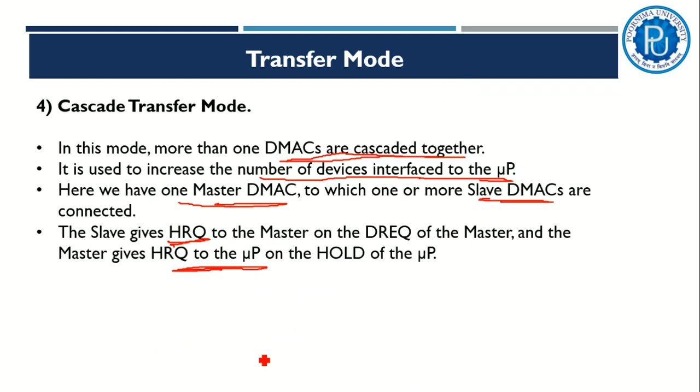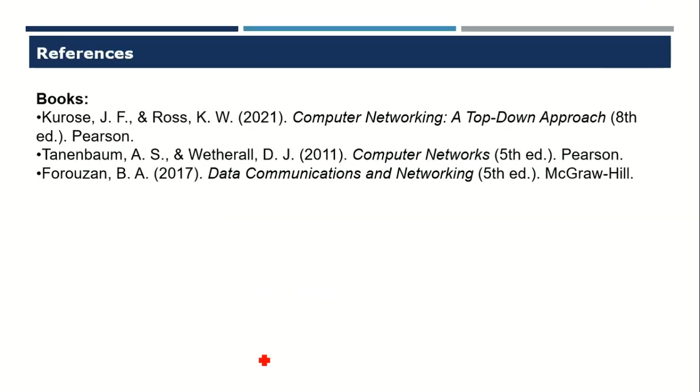Now, in conclusion, we have seen DMA, that is direct memory access. What is the purpose of using direct memory access? We want to transfer data between two devices, that is peripheral and memory, or from memory to the peripheral, directly without involving the CPU.